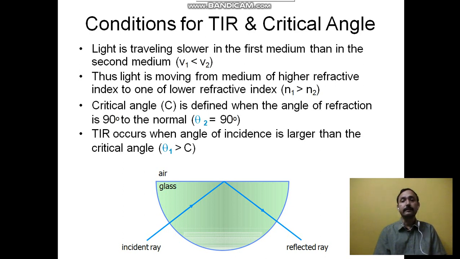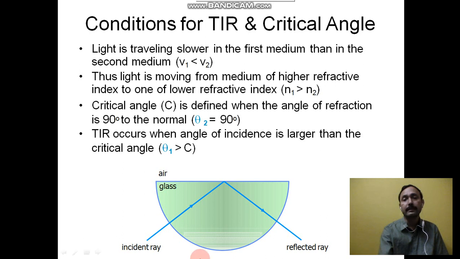Critical angle is defined when the angle of refraction is 90 degrees to the normal. That means theta 2 is equal to 90 degrees. If we draw the normal in this direction, the critical angle is the angle of incidence for which the refracted ray is 90 degrees from the normal.